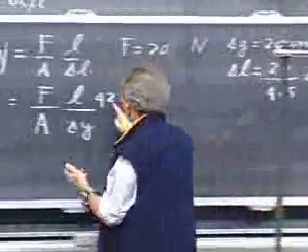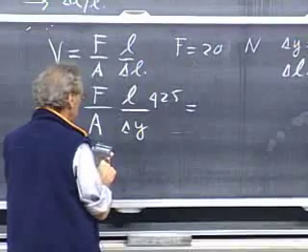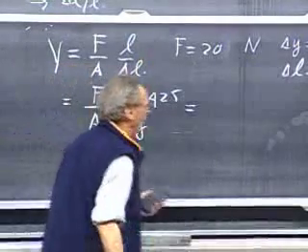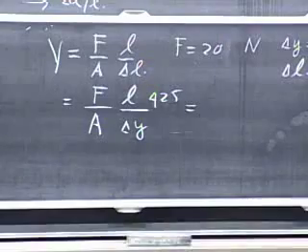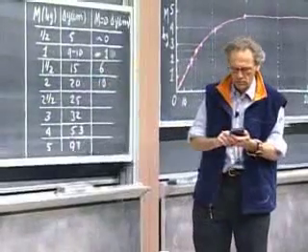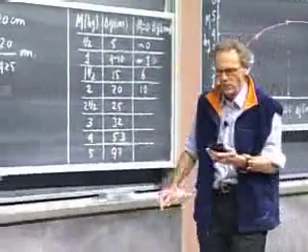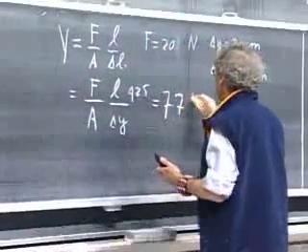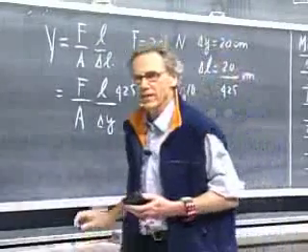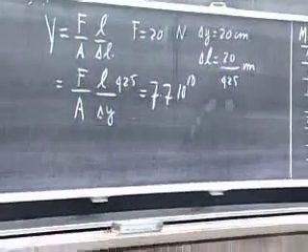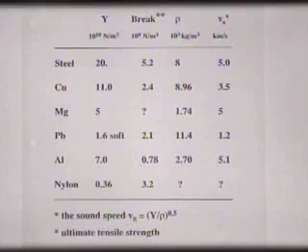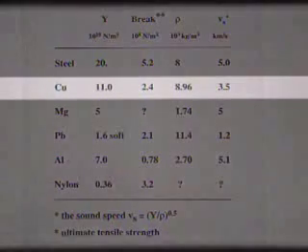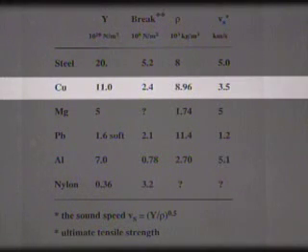I multiply by 425. And I divide by delta Y, but I need delta Y in meters, so that's 0.2. And I get 7.7 times 10 to the 10th. And that is not bad at all, because I think, from what I remember, it is 11 times 10 to the 10th. So that is quite amazing for such a crude measurement that we do here.